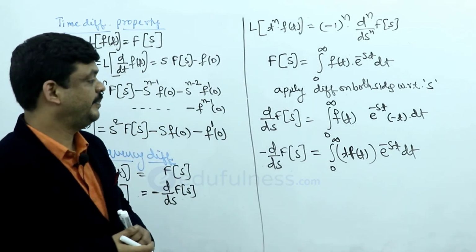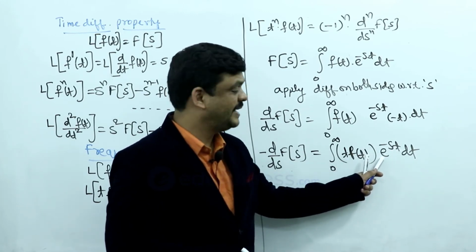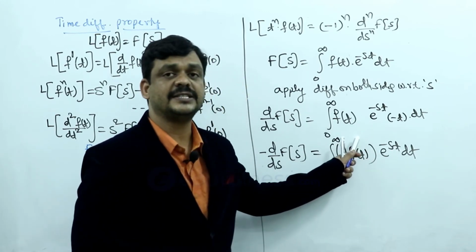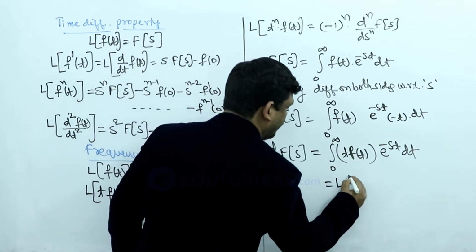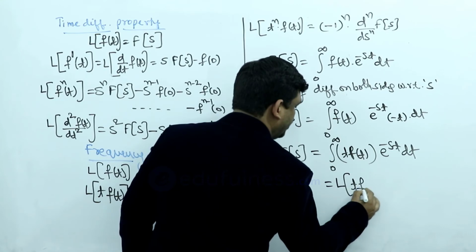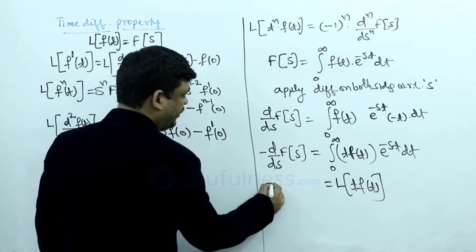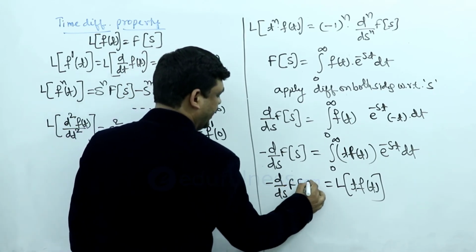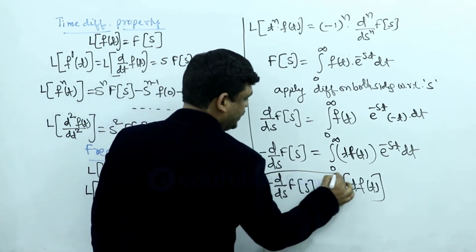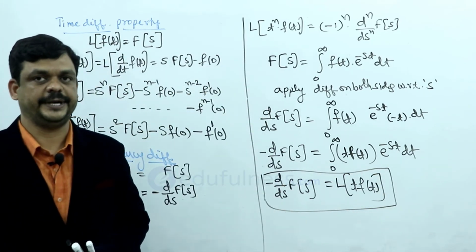From the Laplace transform basic equations, this e to the power of minus st into dt multiplies with any one function, this acts as Laplace transform of this function. So from that directly I am writing now Laplace transform of t into f of t is minus d by ds of F of s. So this is the standard statement of frequency differentiation property.